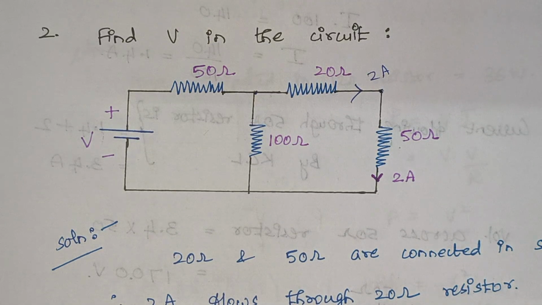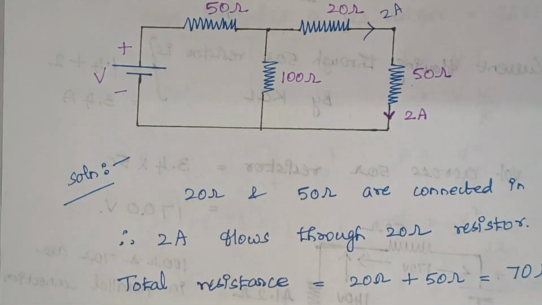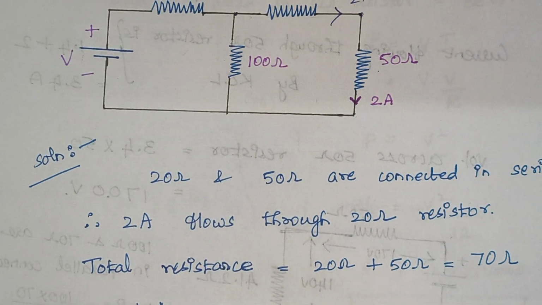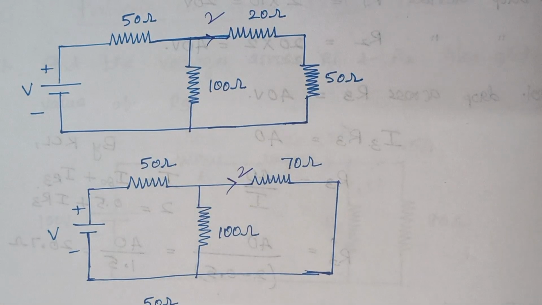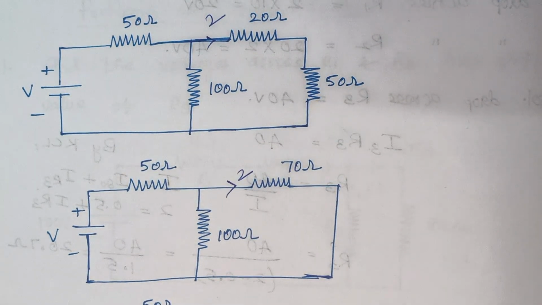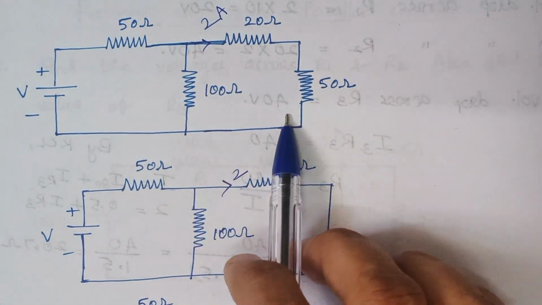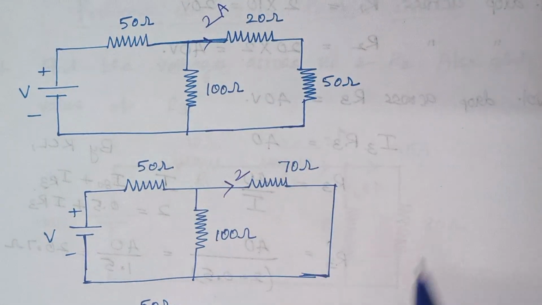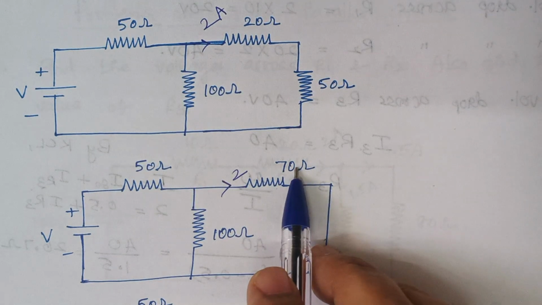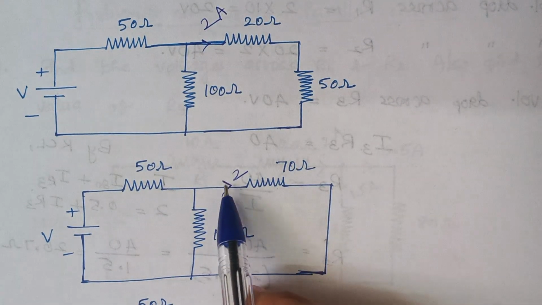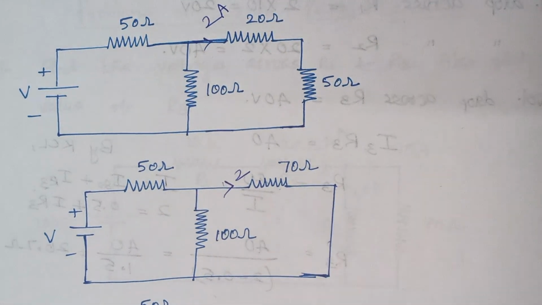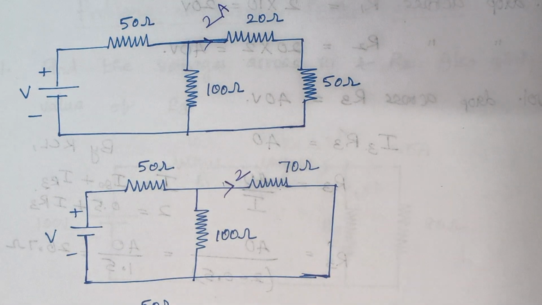Right. So this is what I had written here. The next thing is, I had just redrawn the circuit. Right. Here a current of 2 amps flows and these two are in series, so I had just added them. So here the resistance is 70 ohms, right? And the current flowing through this 70 ohm resistor is 2 amps, right?